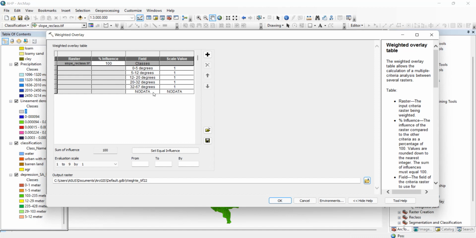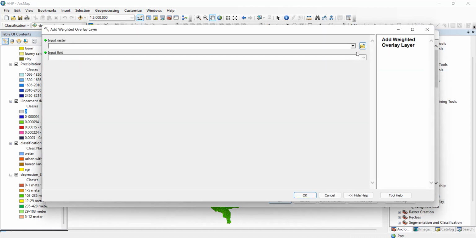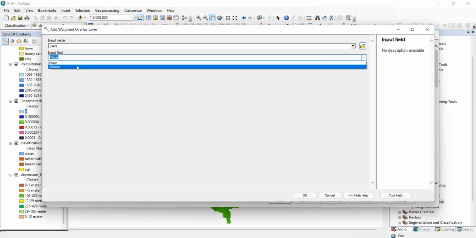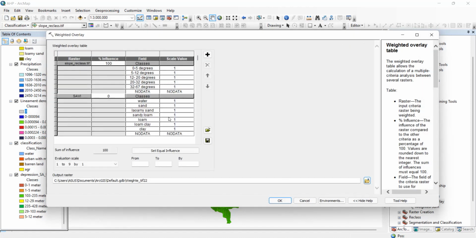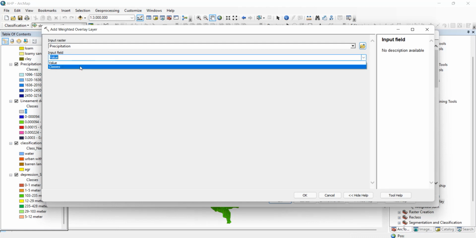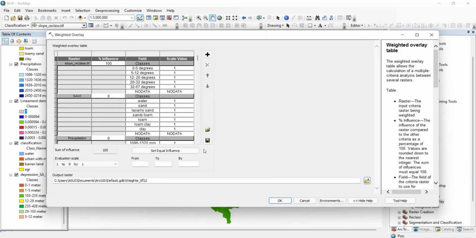The next layer, SAVI, again classes. So it's clear for us to distinguish now, and to assign a certain weight for each class during the weighted overlay.